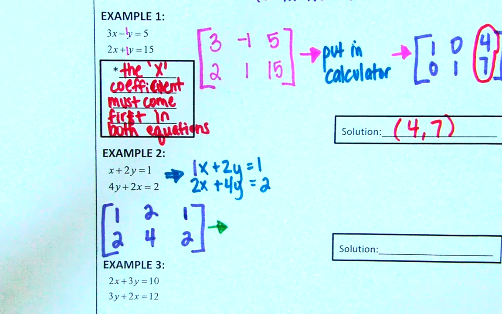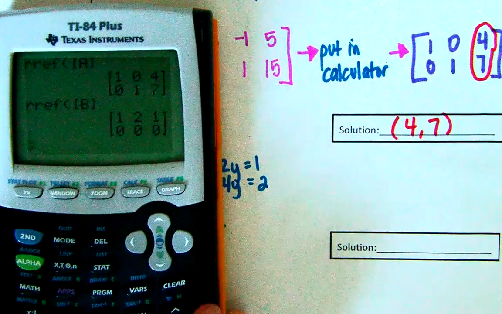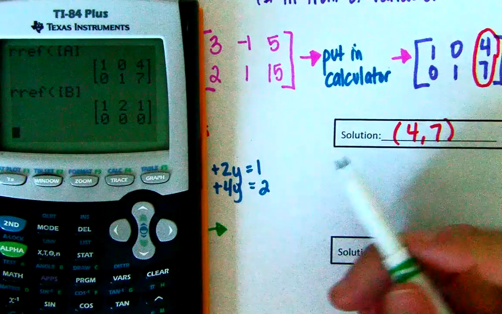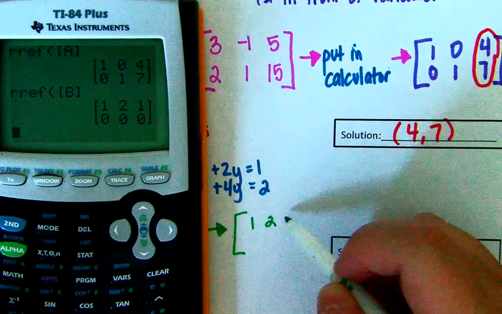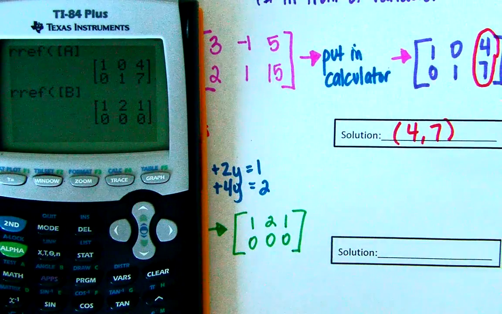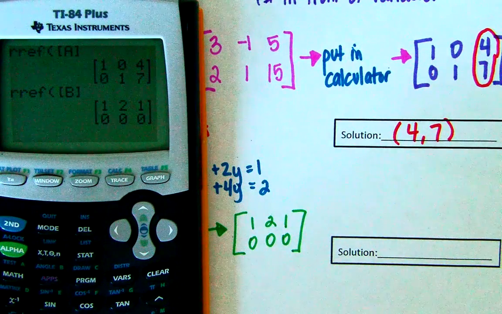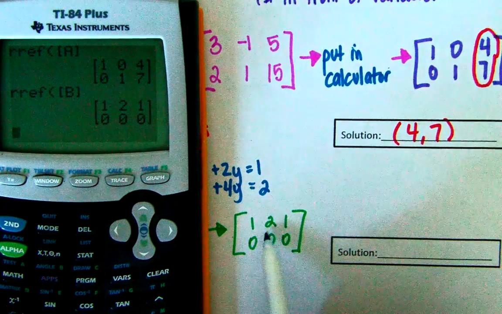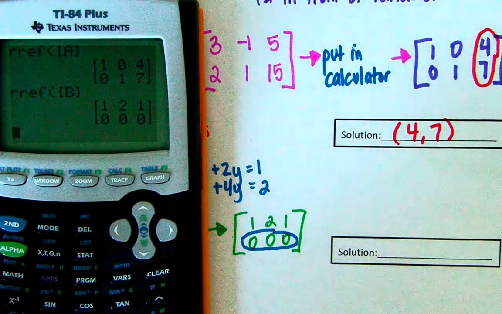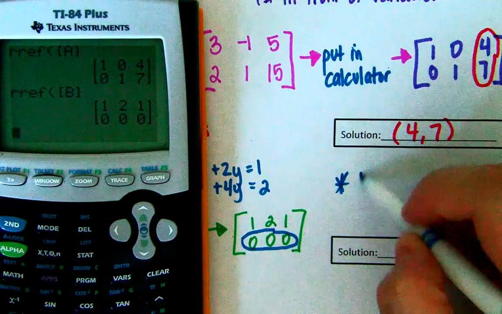Okay, so I'm going to put it in the calculator. And this is what I got. So when I put it in the calculator, I got 1, 2, 1 on the top, and then 0, 0, 0 on the bottom. Remember from yesterday, our special case. If it's all zeros at the bottom, then our answer is infinitely many solutions.